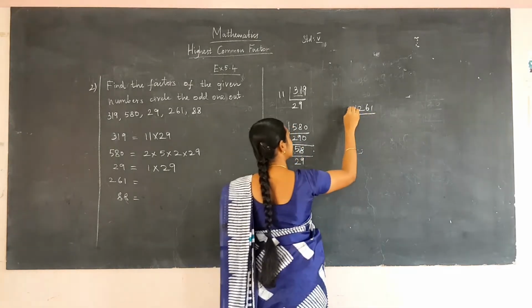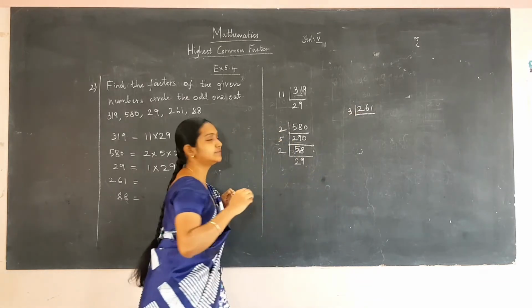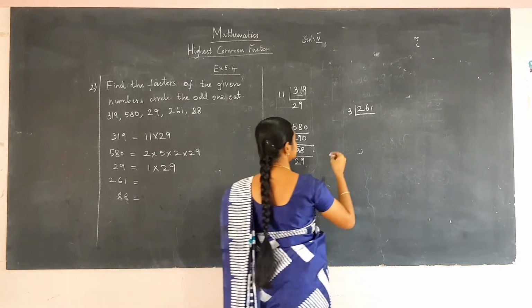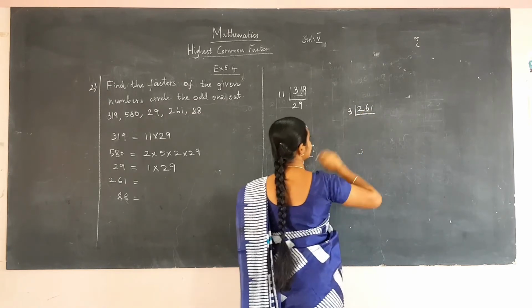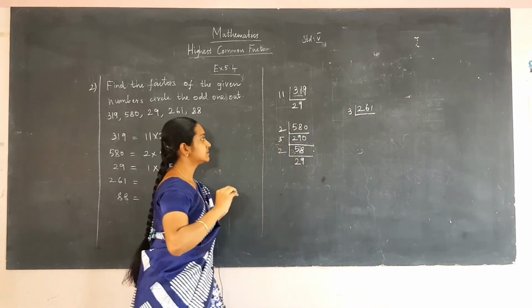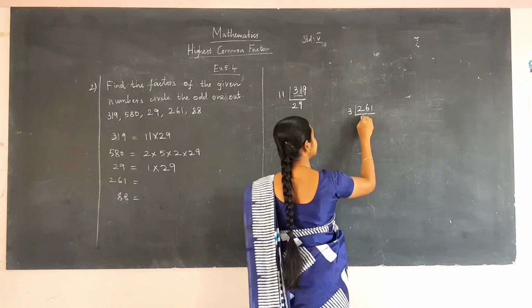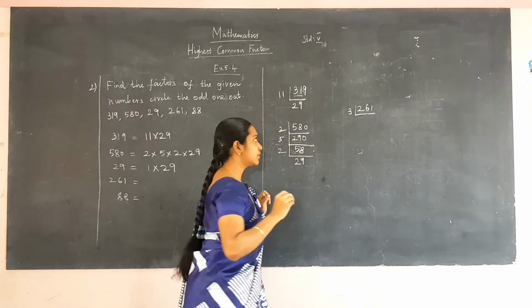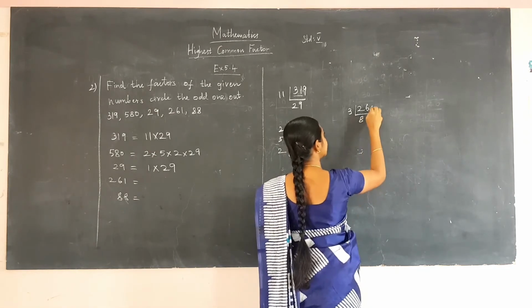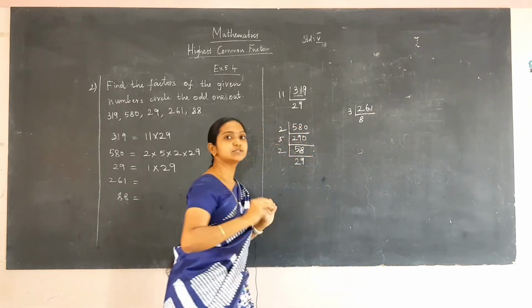So divide it with the number 3. Consider the first two digits. 7 3s are 21. 8 3s are 24. So write 8 here. 2 is remaining, so the number is 21.